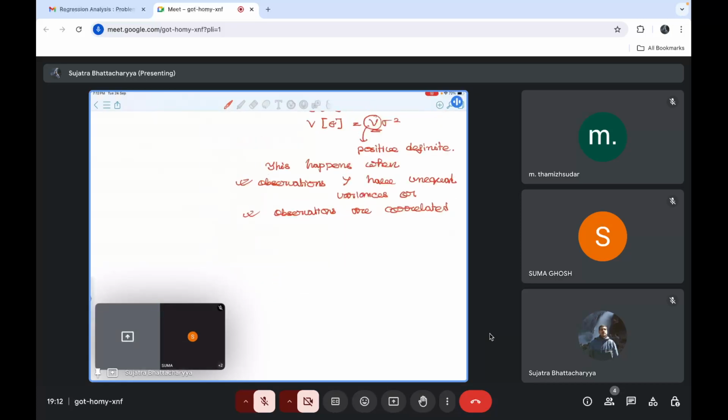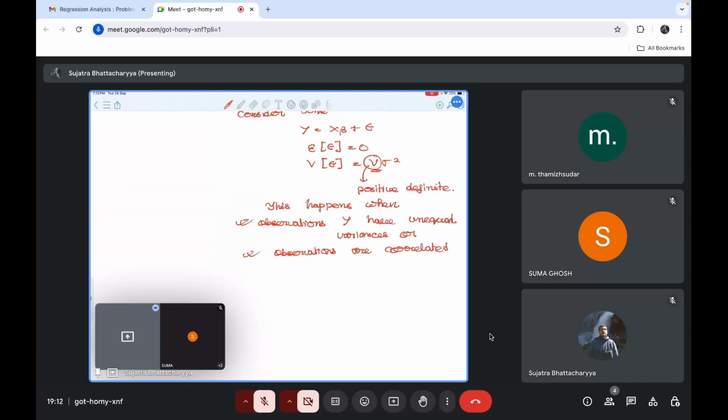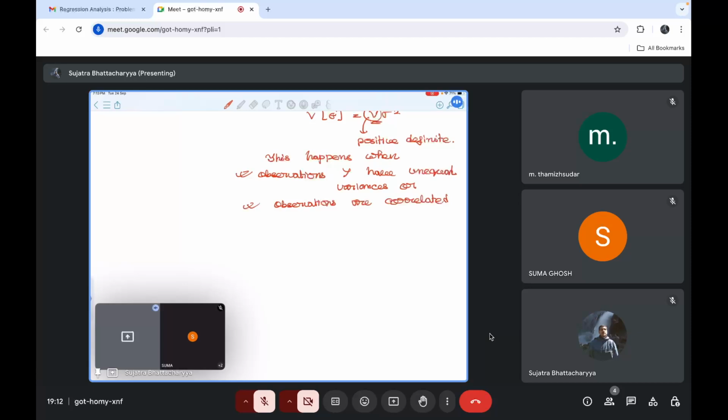In the ordinary least squares method, variance of epsilon should be equal to sigma square I, full stop, nothing else. But suppose you get some data set where you find the variance of epsilon is V times sigma square, where V is a positive definite matrix. Then you have to use a generalized least squares technique or weighted least squares technique.